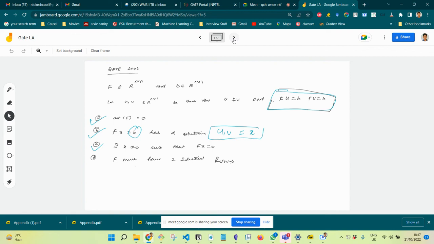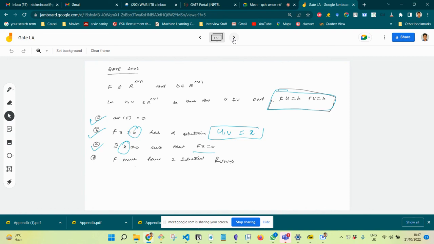Now, because you know determinant of F is equal to 0, it should have infinitely many solutions, and that is why there are infinitely many x that satisfy Fx equal to 0, right? This matrix F does not only admit the trivial solution, it admits infinitely many solutions, even in the case when b equals 0, that is even when the system of linear equations is homogeneous. So this also we saw in the previous class, right? Now that is why option C is correct.